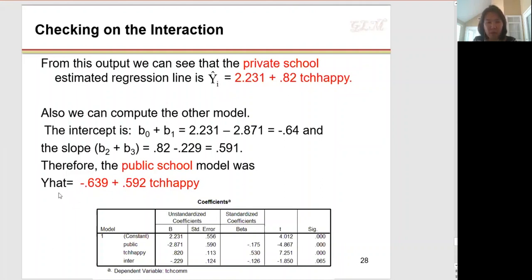So now y hat for public school is minus 0.639 plus 0.592 times teacher happiness. Okay, so here you see the slope of teacher happiness for private school and for public school are different.